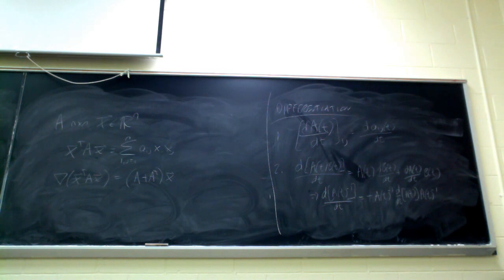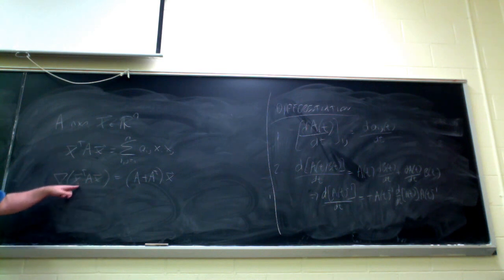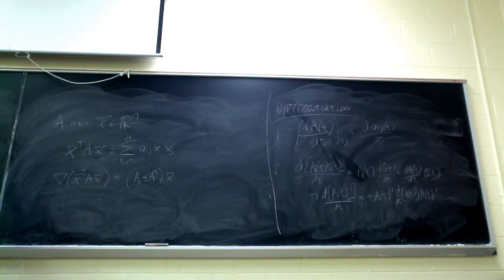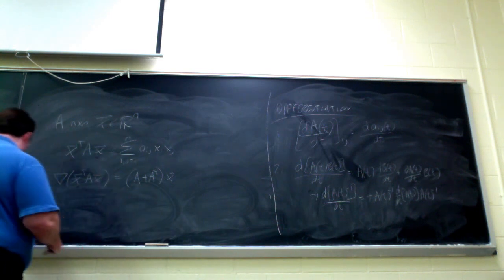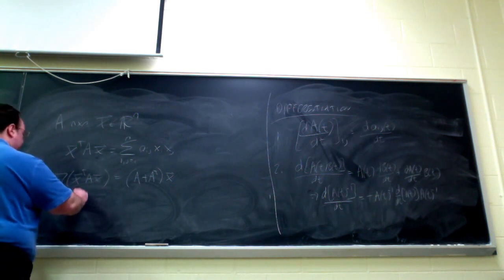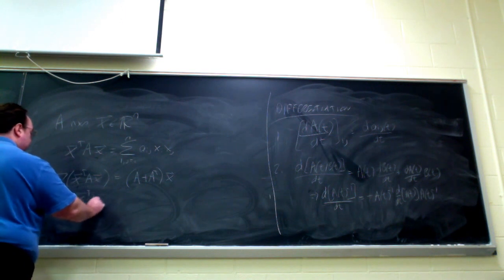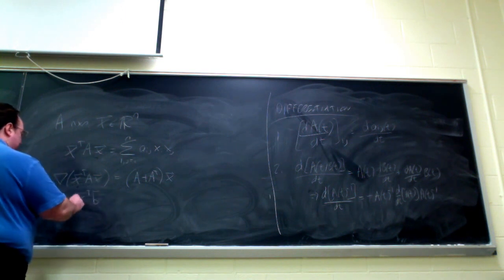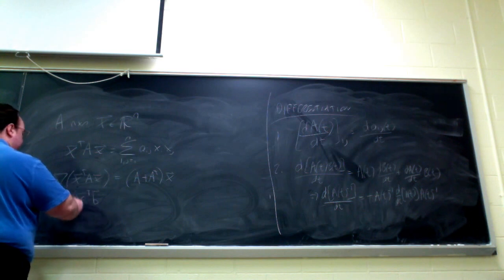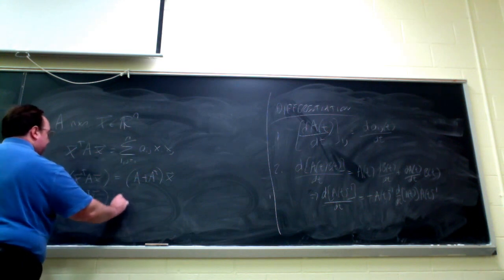You can think of that as a generalization of calculus formulas that you know, like the power rule. Because if n was equal to 1, this would be ax squared, and the derivative of that would be 2ax. So it kind of relates to that. Also, for a linear function, you just have a dot product. The gradient of that turns out to be b.